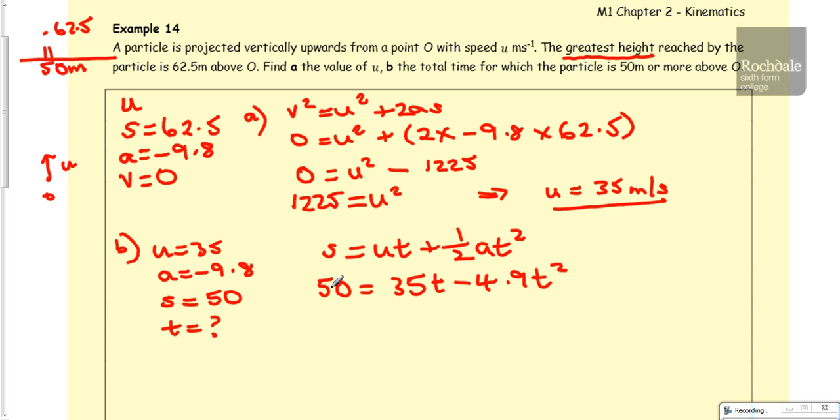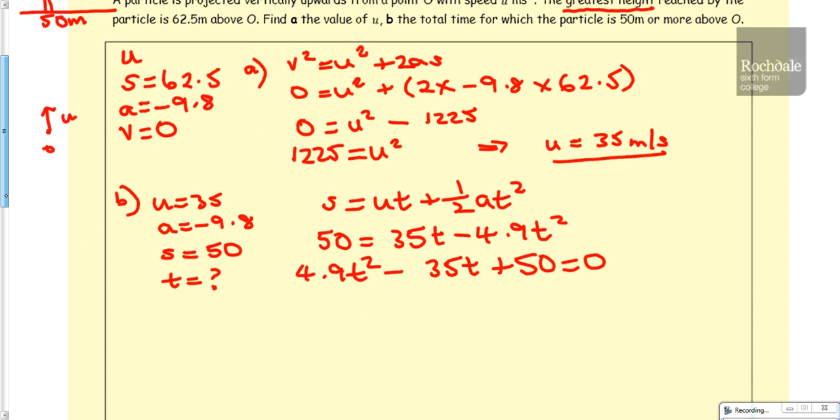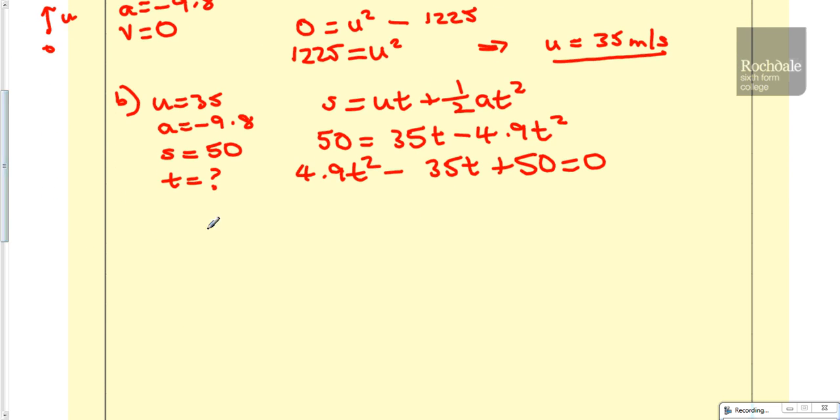So it's another one of those quadratics. Bringing everything to the left-hand side to make it positive, that will be 4.9t squared, minus 35t, plus 50. The same as on example 13, this is not something that I envisage is going to factorise, so I'm going to use the quadratic formula.